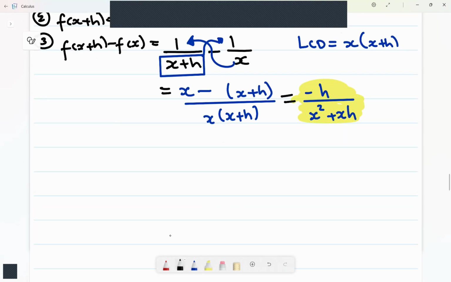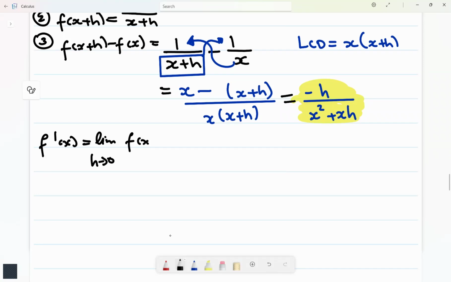Okay, then I come where? I come into the formula and say, sorry, remember the formula says f prime x is equal to limit as h approaches 0 of what? Of f of x plus h minus f of x, all divided by what? All divided by h. Then I'm in a position of substituting. What is f of x plus h minus f of x? Remember, it is this one. Do not write this under one line, okay?